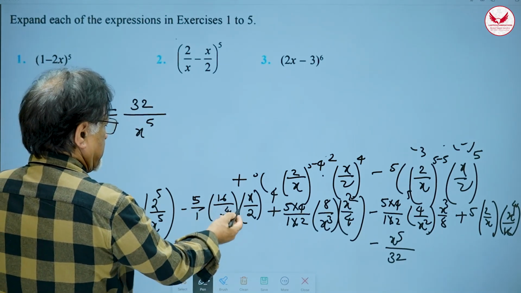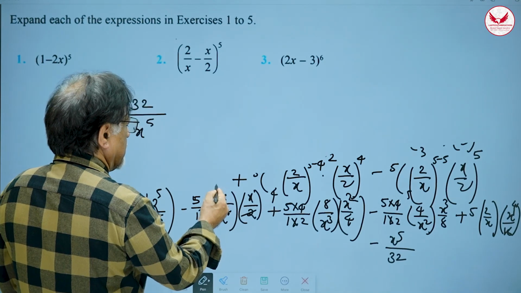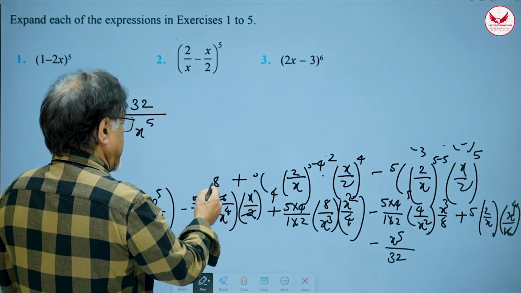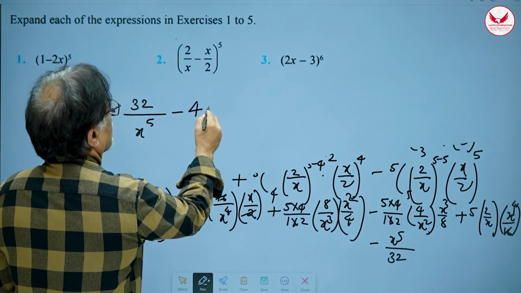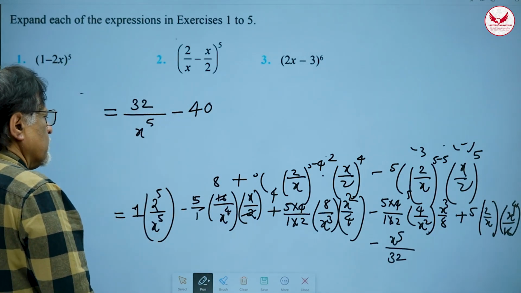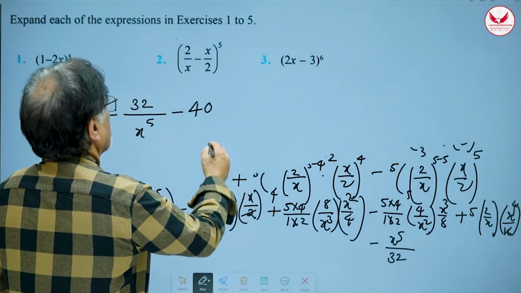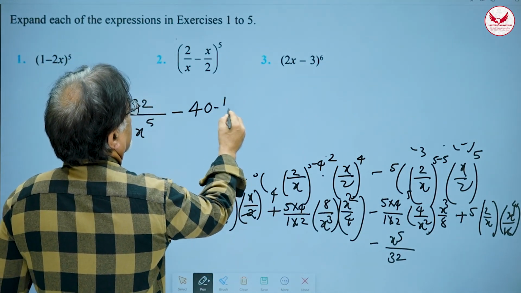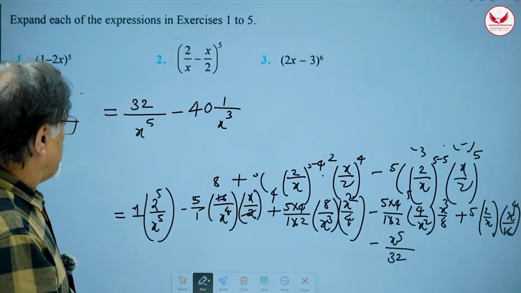This 2 and this 16 get cancelled. So I will have 8 here. So 8 fives are 40. So the coefficient will be 40. Now look at the powers of x. Here x raised to 1 and here x raised to 4. So 1 x will get cancelled. What we get is 1 upon x cube. Correct? That is the term here.